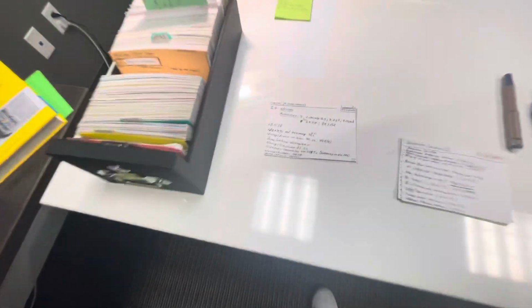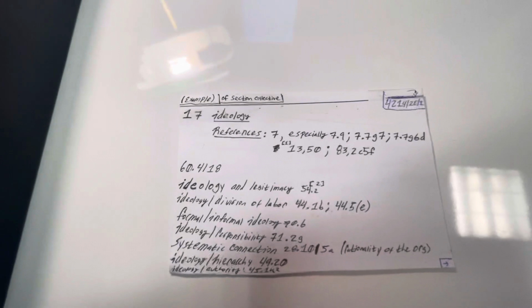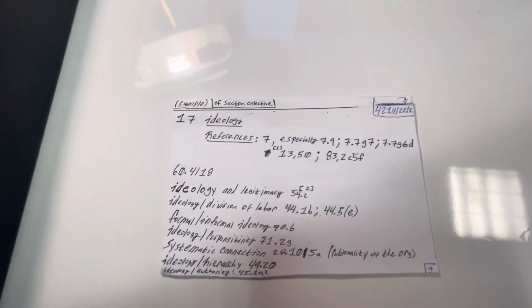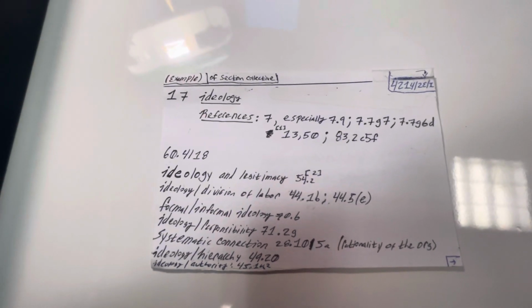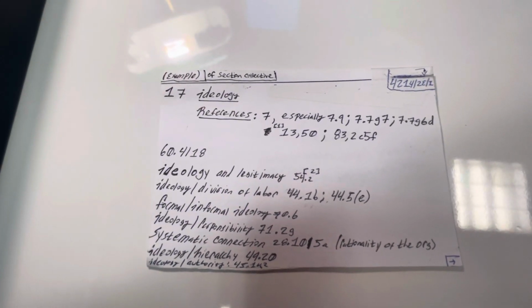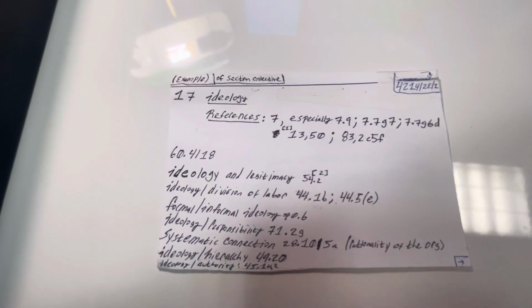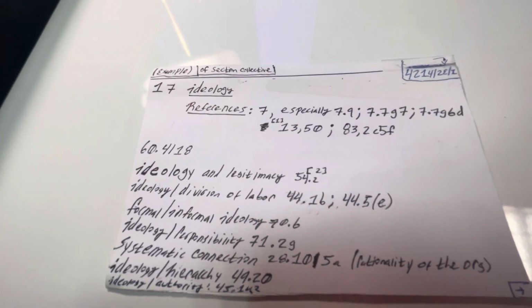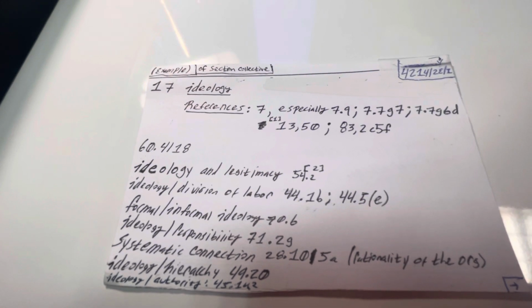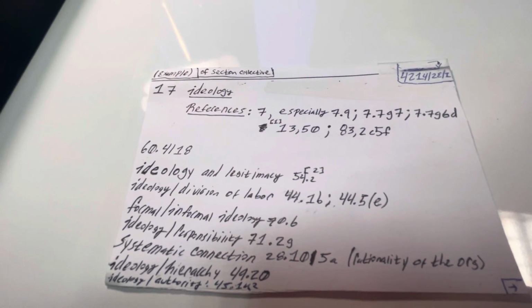What I'm going to show you right here is an actual collective, a type of note that Niklas Luhmann himself wrote. I went to Niklas Luhmann's online archive and translated one of his section collective notes.